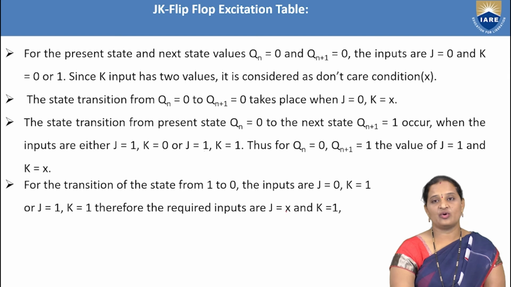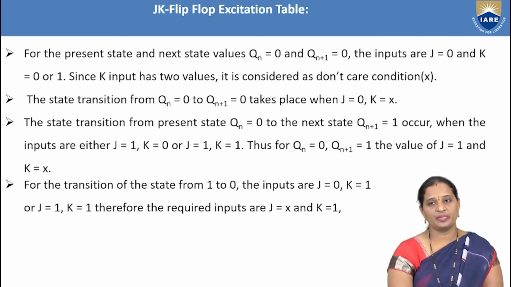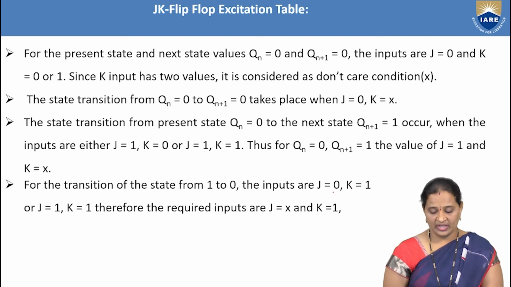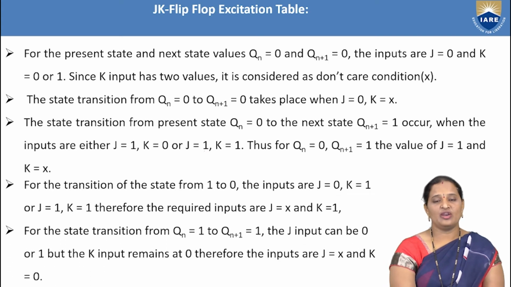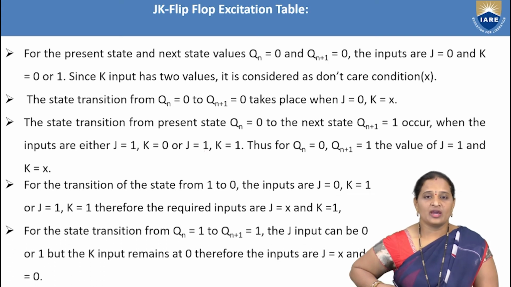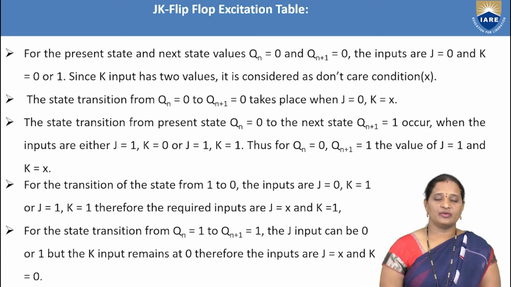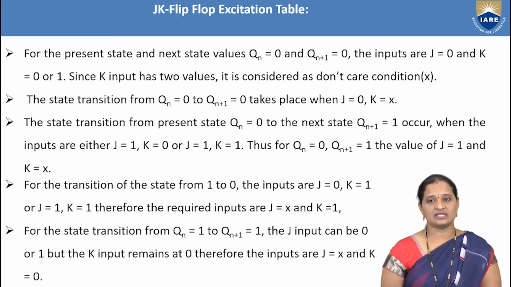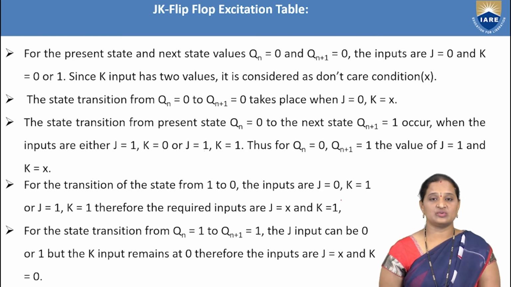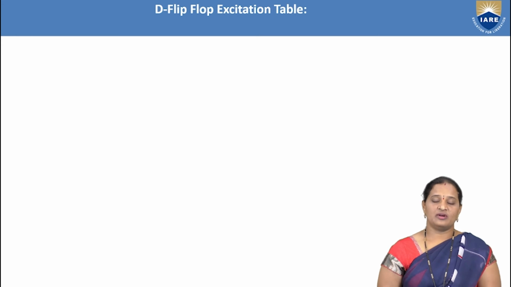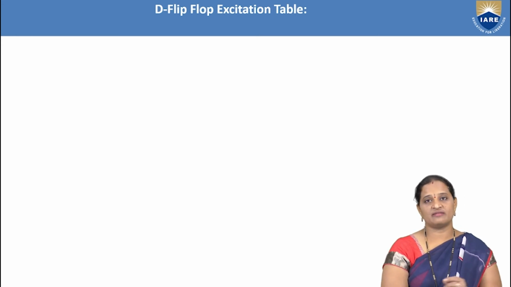Similarly, to have a transition from 1 to 0, j must be don't care and k must be 1. Finally, in order to have a transition from 1 to 1, we need to apply the inputs such that j is don't care and k is equal to 1. So this is about the excitation table of the JK flip-flop.